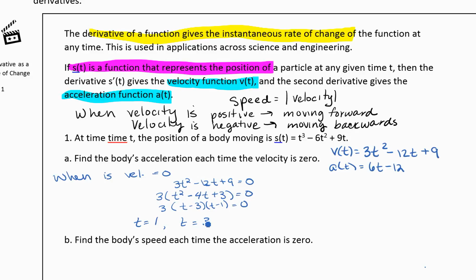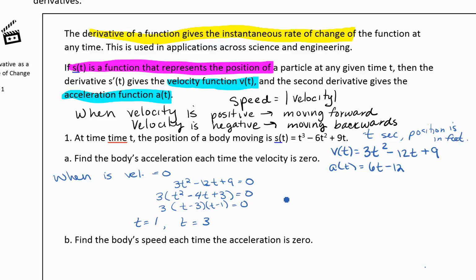Just for the sake of this problem, I know normally it should be given to you, but let's assume that t is in seconds and our position is in feet.